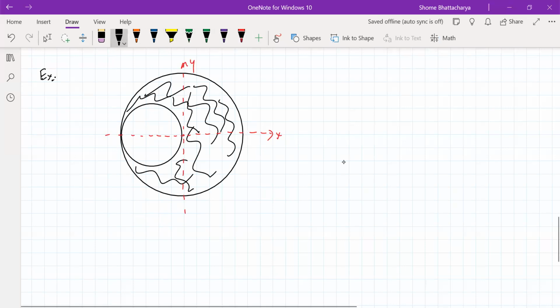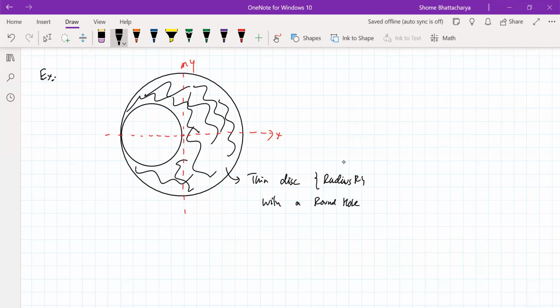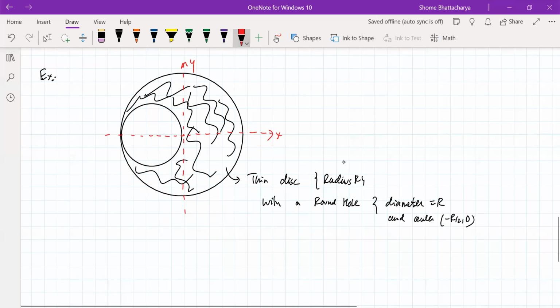So this is a thin disk of radius r with a round hole. That hole has diameter equal to r, and the center point of the hole is minus r by 2 comma 0. So this is the center of this hole, and the diameter of the hole is r.